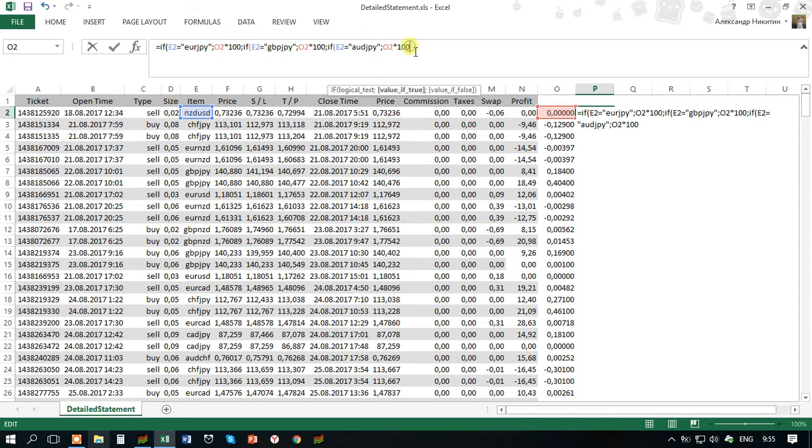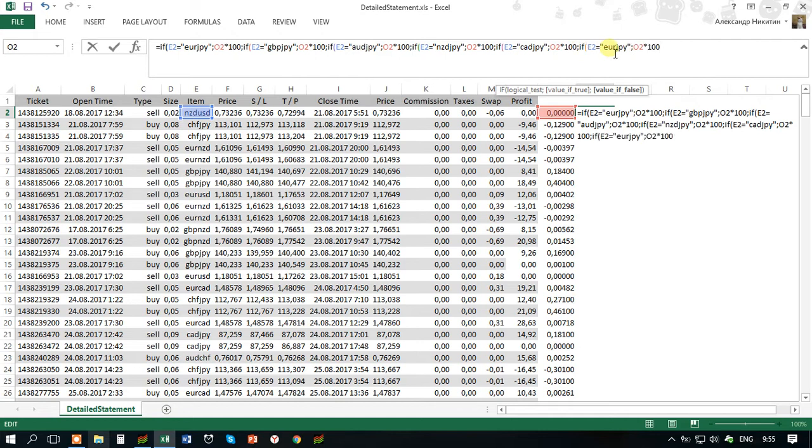And what if it's not Aussie yen either? Then check, maybe it is a New Zealand yen. But what if it's not a New Zealand yen either? Then check, maybe it is a Canadian yen. What if it's not Canadian? Okay, check, maybe it is Swissy. What if it's not Swissy? Check, maybe it is dollar yen.